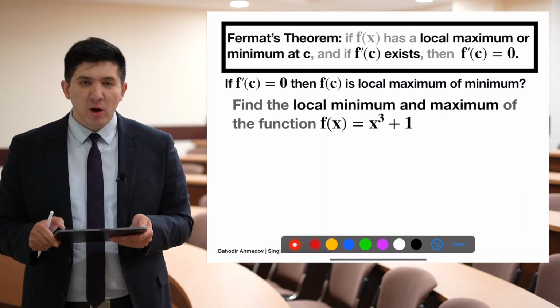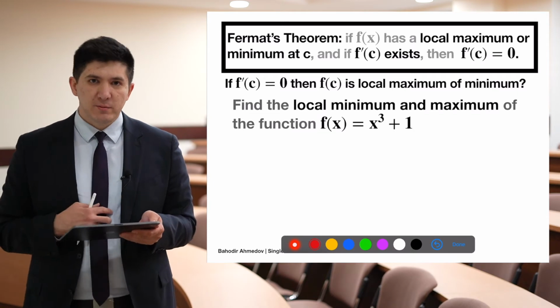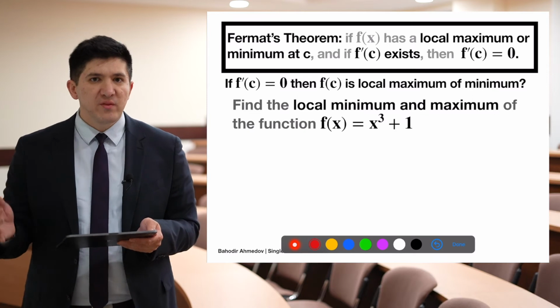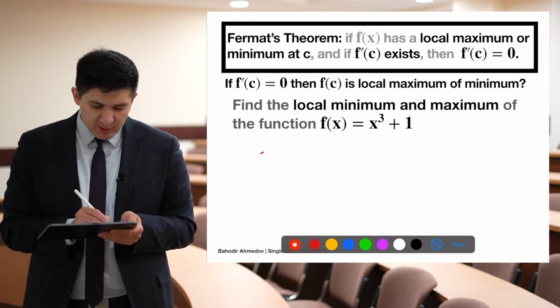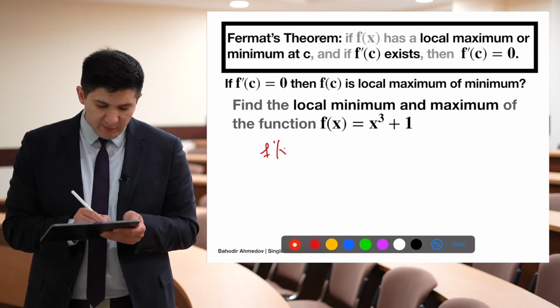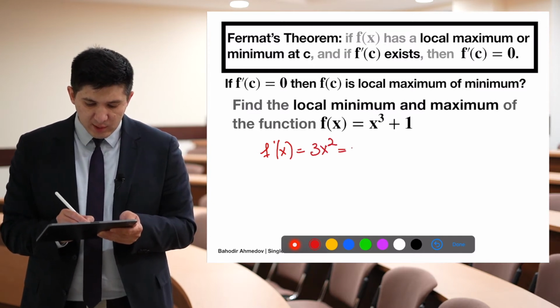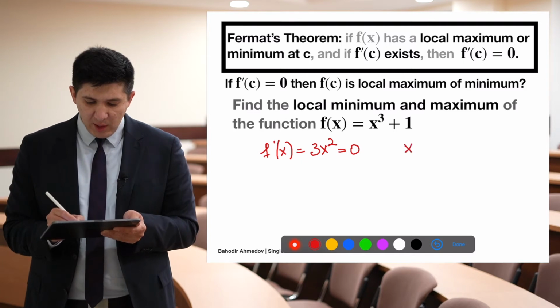For example, if you've got the curve x cubed plus 3, we can find the points where the derivative is equal to 0. Let's find the derivative of this curve. The derivative is going to be equal to 3x squared. If you equate this to 0, you simply get x equal to 0.